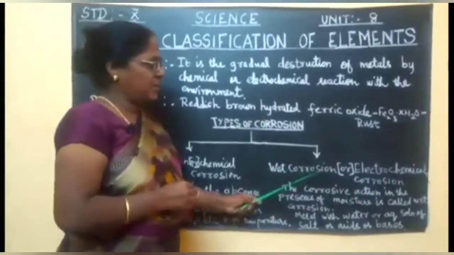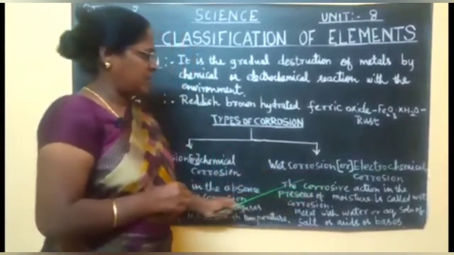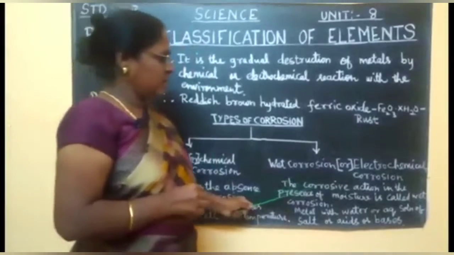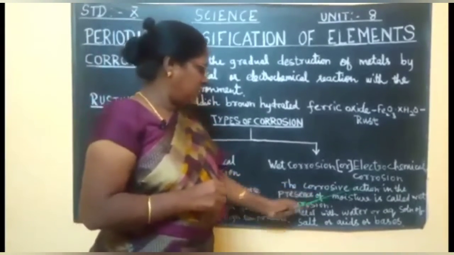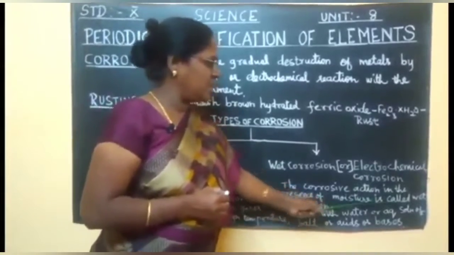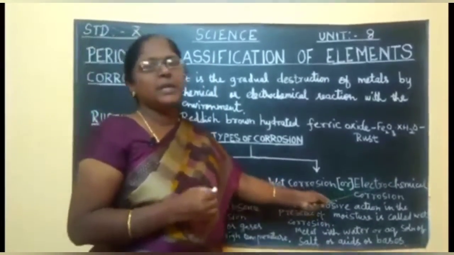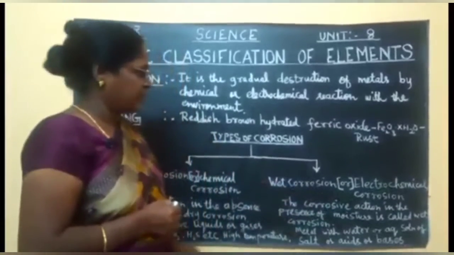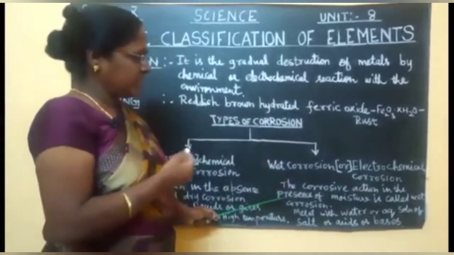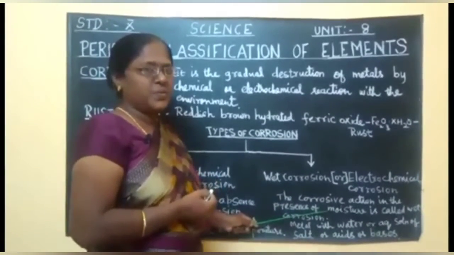Wet corrosion or electrochemical corrosion. Here the corrosive action in the presence of moisture is called wet corrosion or electrochemical corrosion. Moisture means wet.